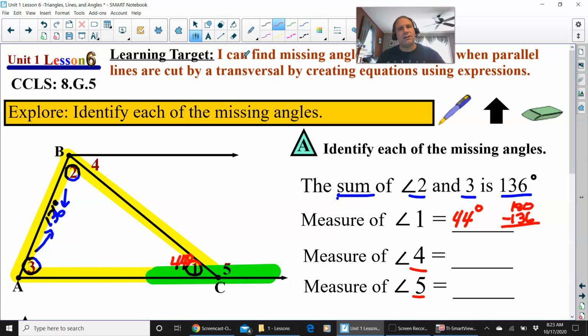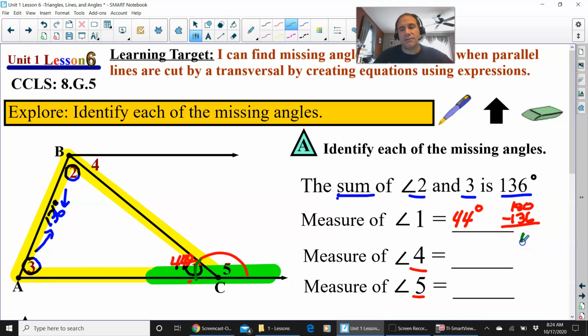All right, so 180 degrees makes up that straight line, and this is what I'm talking about here with 1 and 5. This is 5, and this part right here is 1. So this angle right here is 44 degrees. How do I get the measure of angle 5 if the whole thing measures 180?